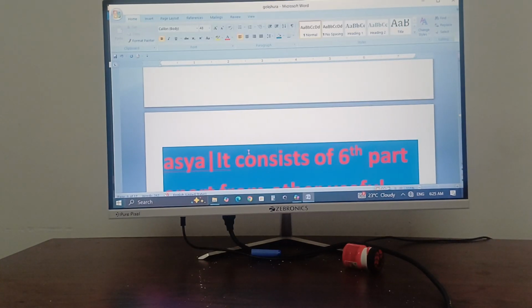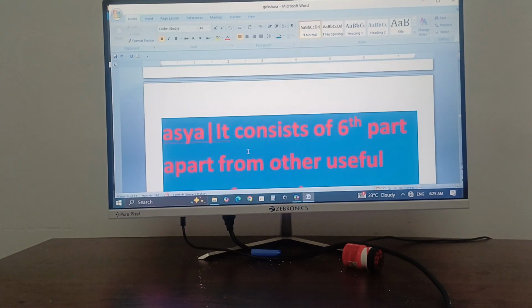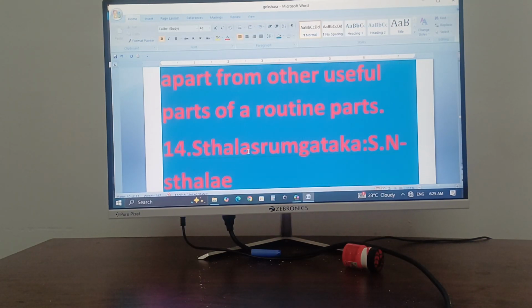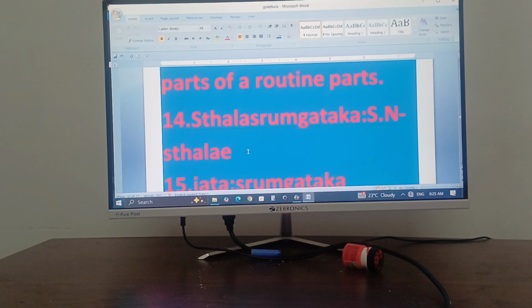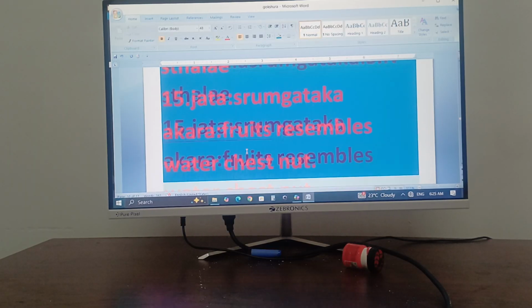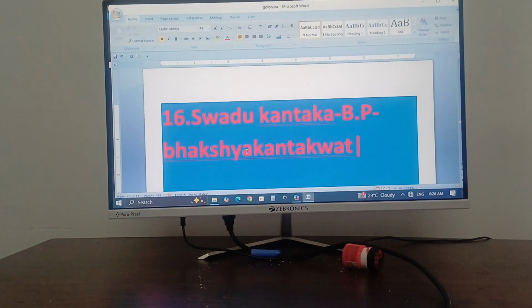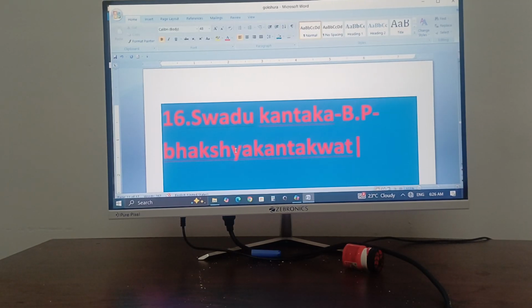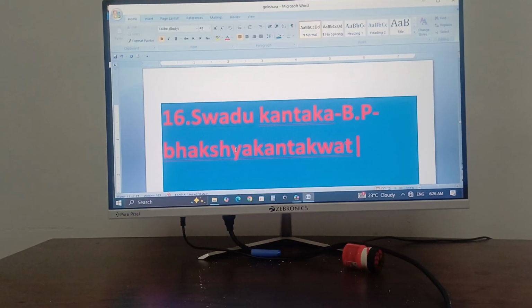What is Shadanga? Let us see. It consists of six parts apart from the other useful parts. Now, Sthala Srungataka resembles the chestnut fruit. Jale srungataka akaraka, fruits resemble the water chestnut. Now, Swadu Kantaka: though armored with spines, the fruit is useful as an edible part. That is why it is called Swadu Kantaka.